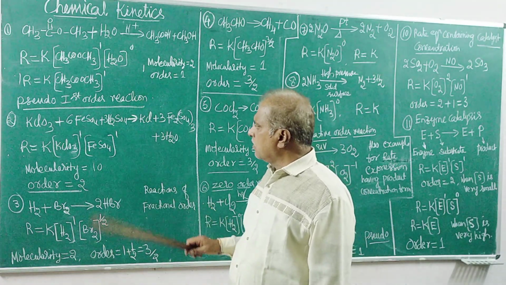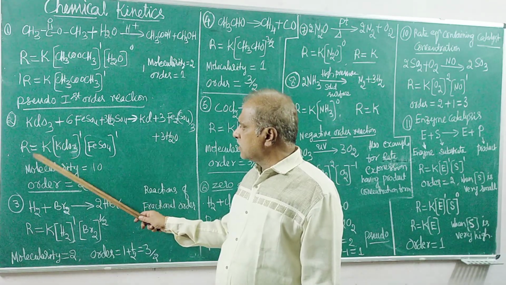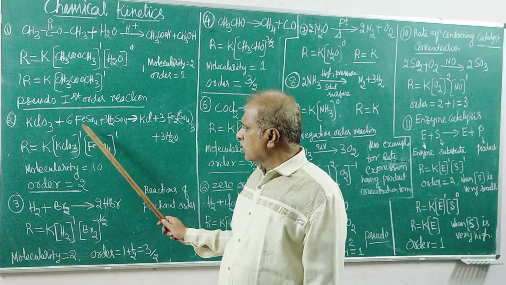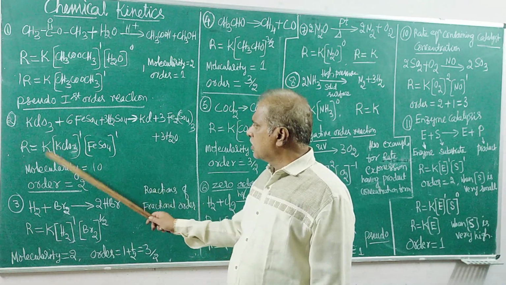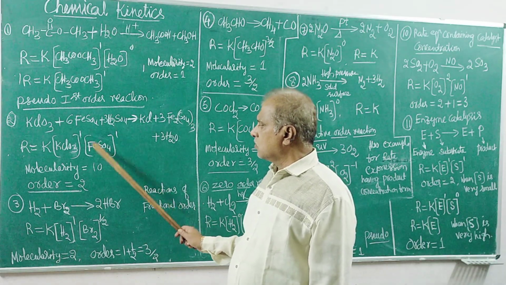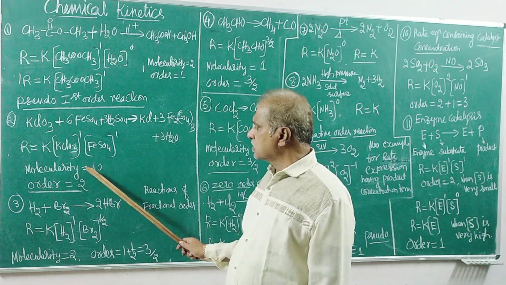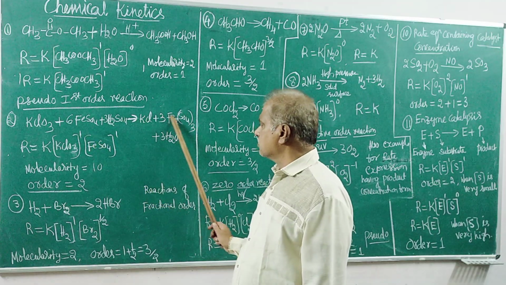But experimentally, when you find the rate of the reaction, it depends on the concentration of this to the power of 1 and the concentration of this to the power of 1. It is not depending on the concentration of sulfuric acid. So the overall order is 2. Look at that, molecularity is 10 and order is 2. It is quite a complex reaction.